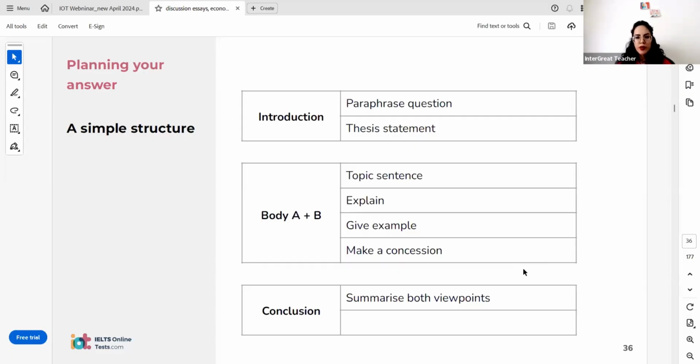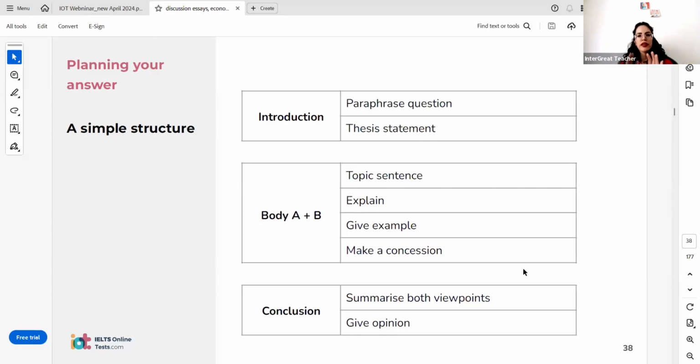So I need to summarize both viewpoints and then give, remember, a discussion essay has three parts: side one, side two, and then, very good, Ayla, my own opinion, right? So I repeat my opinion, whether I agree with the beneficial side or with the harmful side, okay?